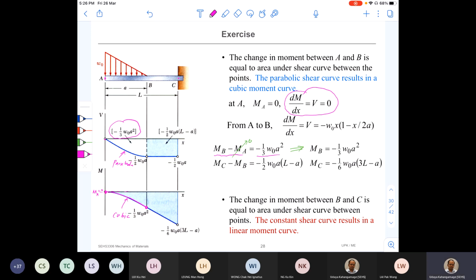It is a cubic function. And after that, from B to C, you write MC minus MB, it should be equal to this area, right? And then we can substitute the value of MB here. Then we can find out MC. So MC is a negative, higher value than the previous one, 1 over 3.